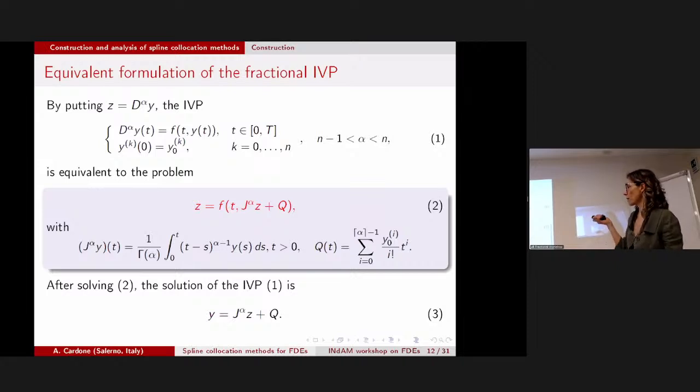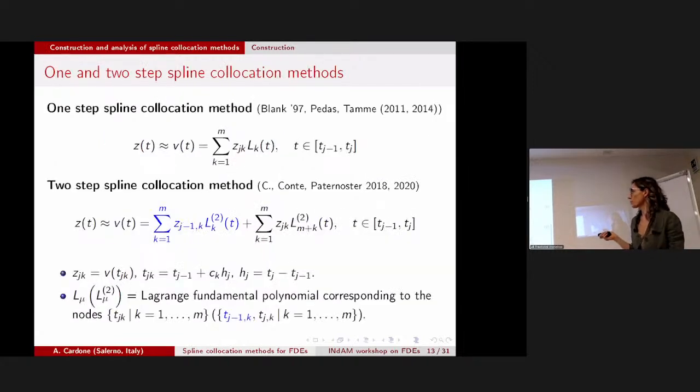And by collocation, we approximate the function z by a piecewise polynomial of degree m. The first class of methods are the one-step spline collocation methods. The function z is approximated by a function which depends on some values z_jk, which are the values of the approximate solution at the collocation points. In the two-step collocation methods, the solution depends also on some values of the solution in the previous time interval.